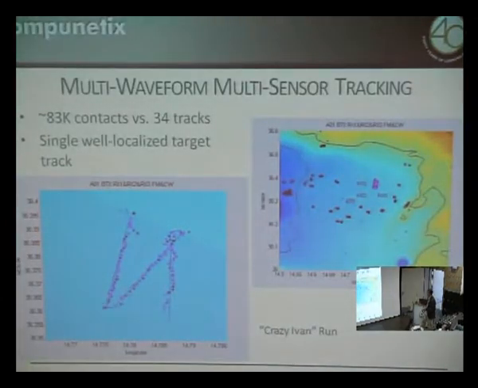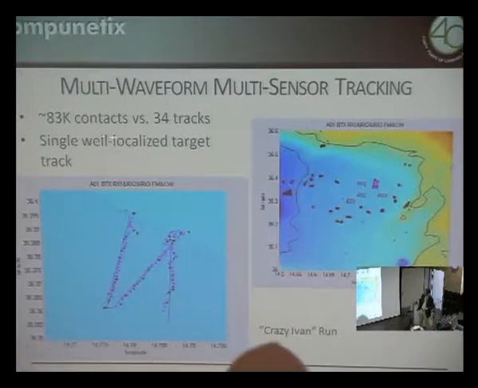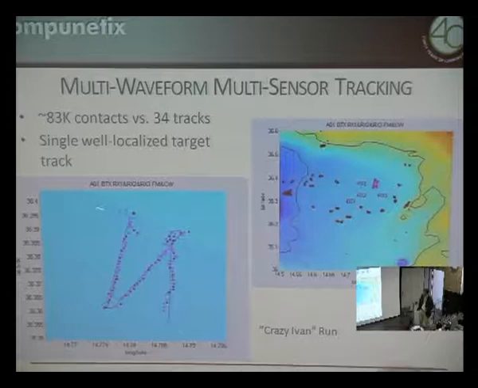It's just another example. This is the kind of thing that's nice in undersea surveillance studies, where we have targets that exhibit significant maneuvers, and we have a lot of contact data going into the multi-sensor, multi-hypothesis tracker, and that's getting reduced down to a fairly small number of objects, which includes the object of interest, which is critical, of course, and a well-localized track on the target of interest.